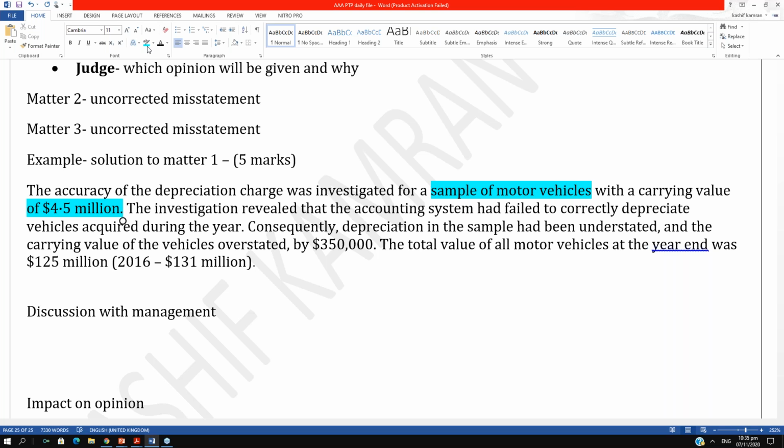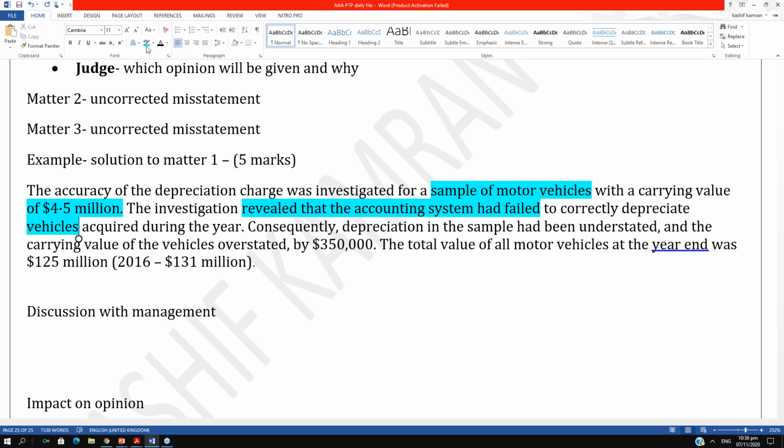The investigation revealed that the accounting system had failed. So when you took a sample of 4.5 million, that sample revealed that the accounting system had failed to correctly record the depreciation on the vehicles. Not on the total assets, only on the vehicles.